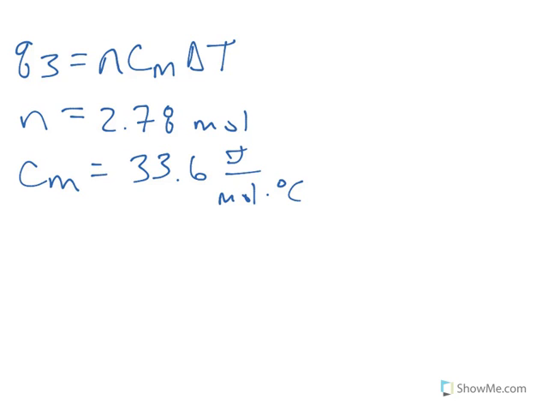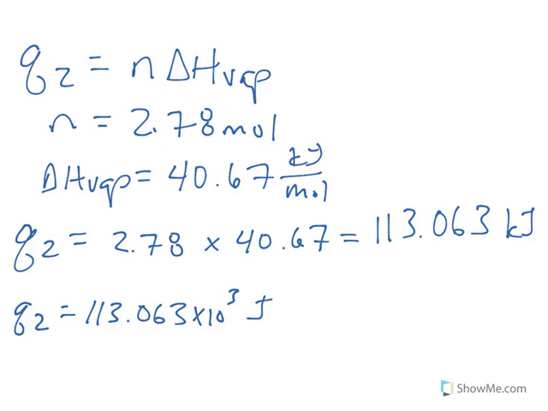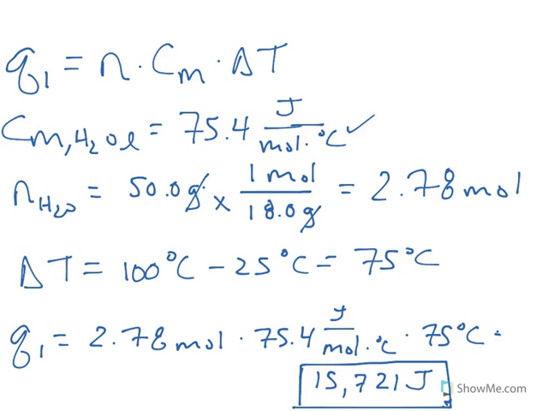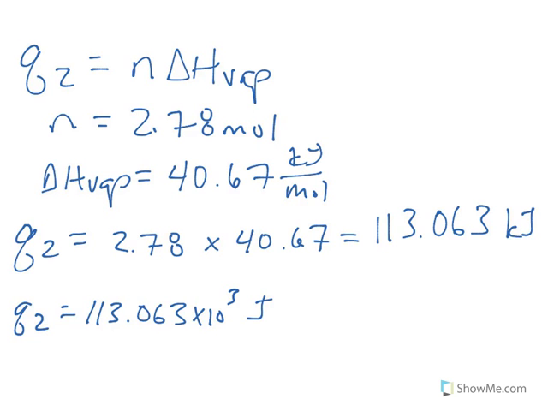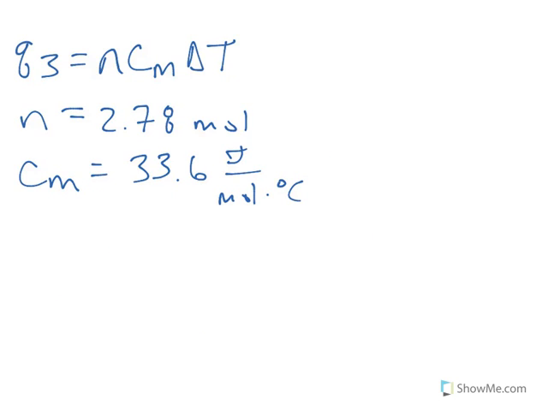Now, let's just consider the two numbers for a moment. It's 33.6 for steam, and it's 75.4 for liquid. So what does that tell you? Well, it tells you that liquid water can absorb a lot more heat per mole than steam can. Any reason why you think that would be the case?